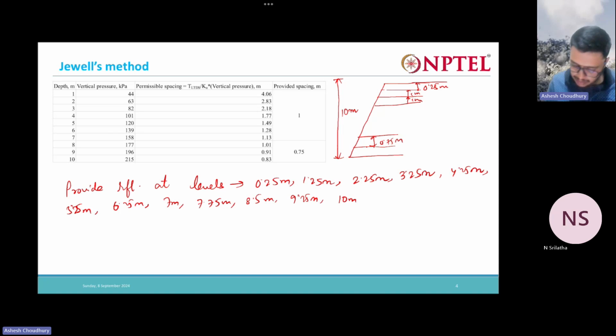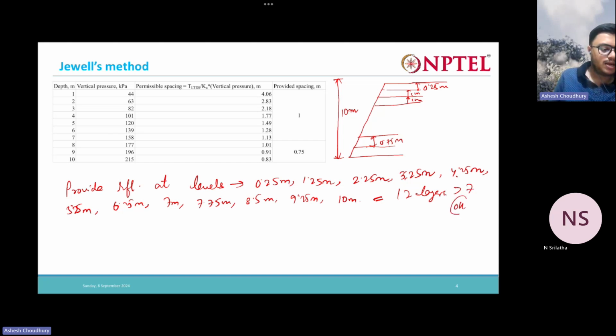So how many layers are we providing? 1 2 3 4 5 6 7 8 9 10 11 12. So 12 layers. So we actually required 7 layers, but we have provided 12 layers, greater than 7.